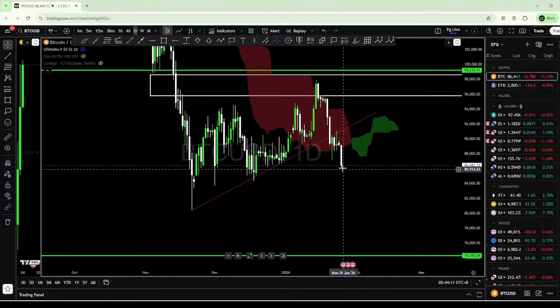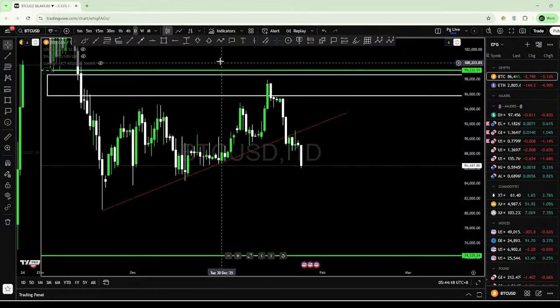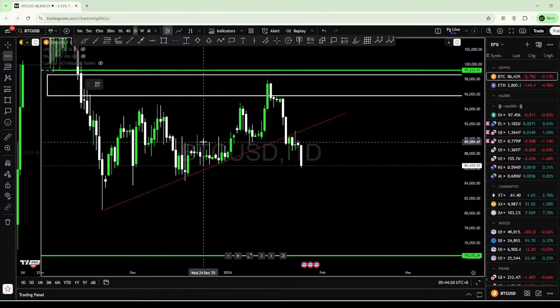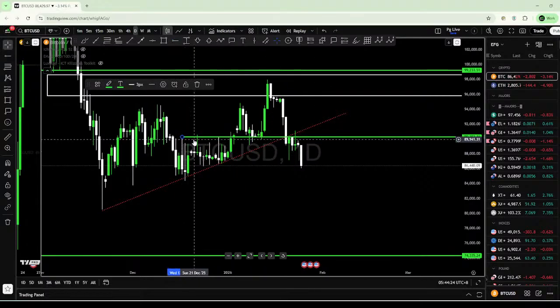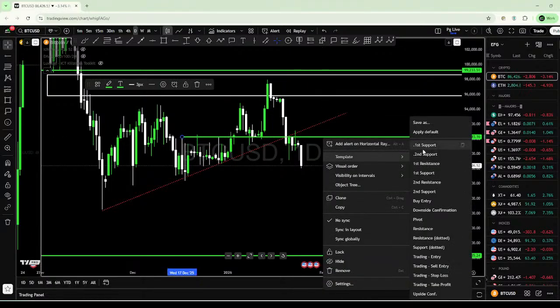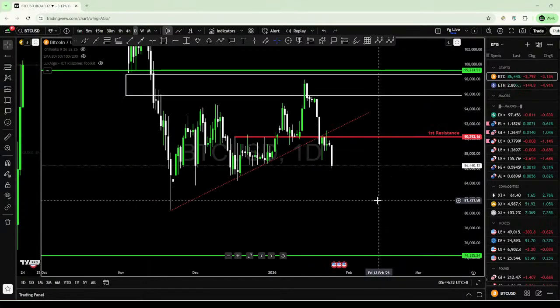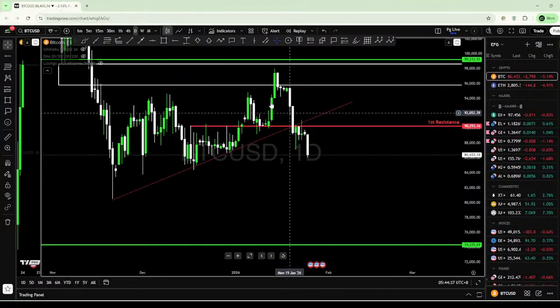You see that it closed below and pulled back. So this used to be the support level, now it's become the resistance. This is a resistance in D1. And the breakout, this is price action.